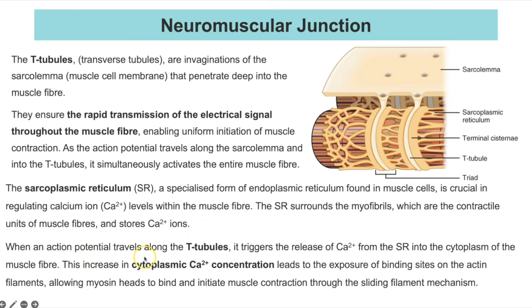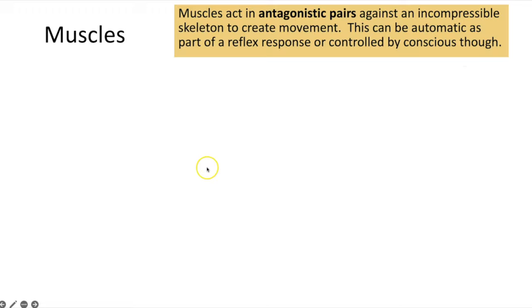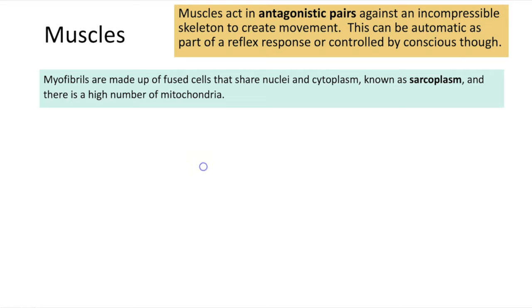So when the action potential travels along the T-tubules, which are here, it triggers the release of calcium ions from the sarcoplasmic reticulum into the cytoplasm of the muscle fibres, and this increases the calcium ion concentration, which leads to the exposure of binding sites on the actin filaments, which ultimately results in a muscle contraction.